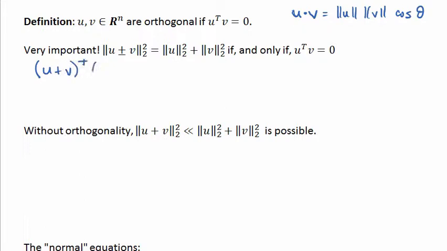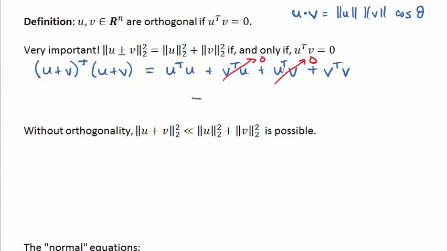So we use the definition of the 2 norm in terms of the inner product of a vector with itself. You write out what the inner product must be. If the two vectors are orthogonal, then these two cross inner products are both 0.